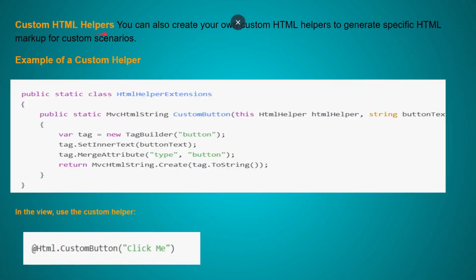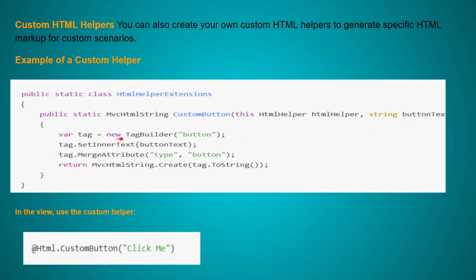Custom HTML helpers. You can also create your own custom helpers to generate specific HTML markup for custom scenarios. Example of a custom helper. See, here we have a public static class HtmlHelperExtensions, and we have one method which is public static MvcHtmlString CustomButton, and this takes this HtmlHelper and string buttonText.